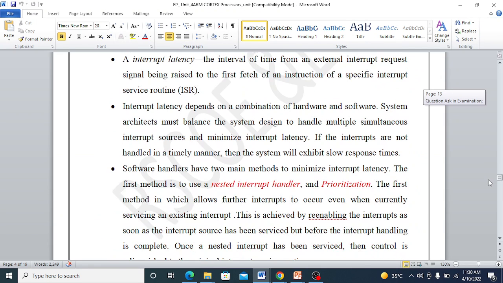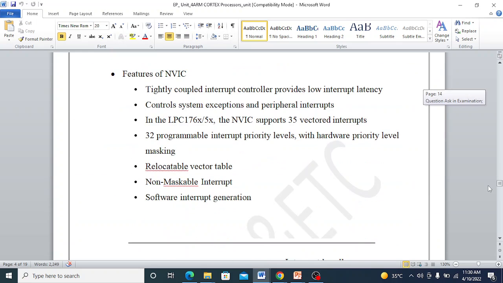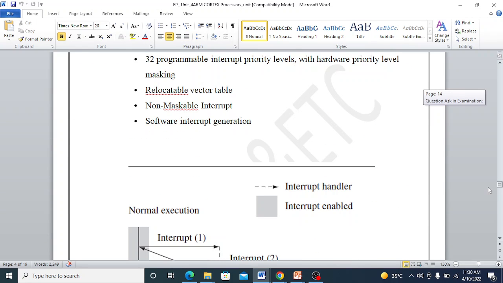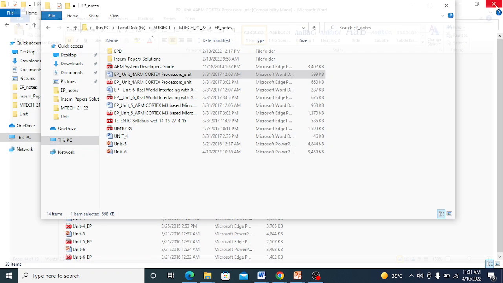RGB and material is there. You need to go through this whole thing for understanding, and the question bank is also given in the notes on unit number 4, 5 and 6.